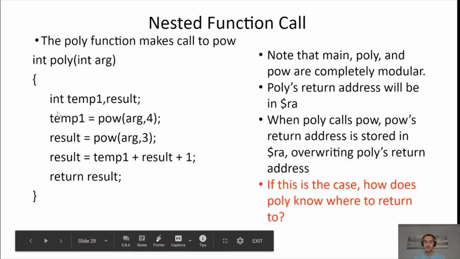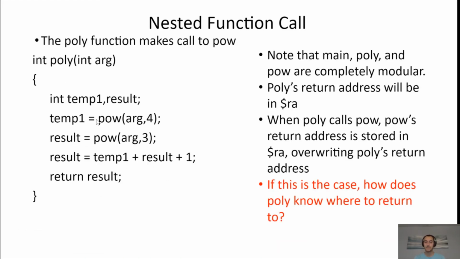Then we are executing here, and once we get here, we have POW, and we are doing a jump and link, and that's going to set the return address to this line. That's fine. We return from POW, we come back here, and then this one is going to set the return address to the next line.